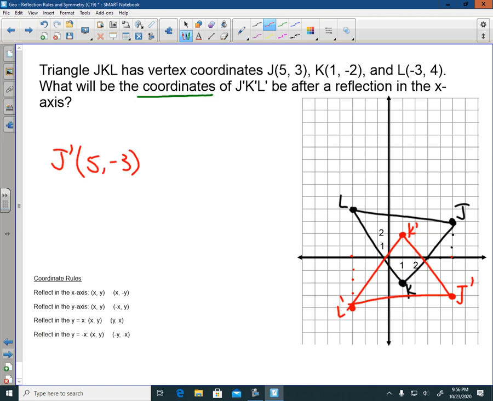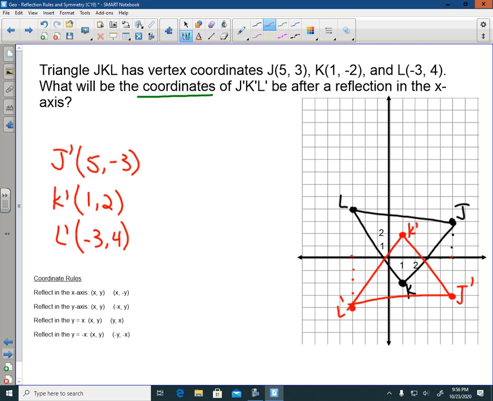Okay, we've got 1. Now we need K. K' lives at 1, 2. And then we've got L' that lives at negative 3, negative 4. And we have finally answered this question.